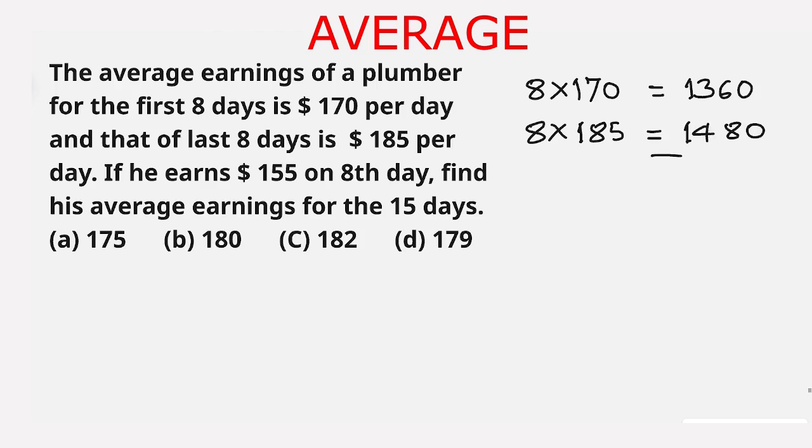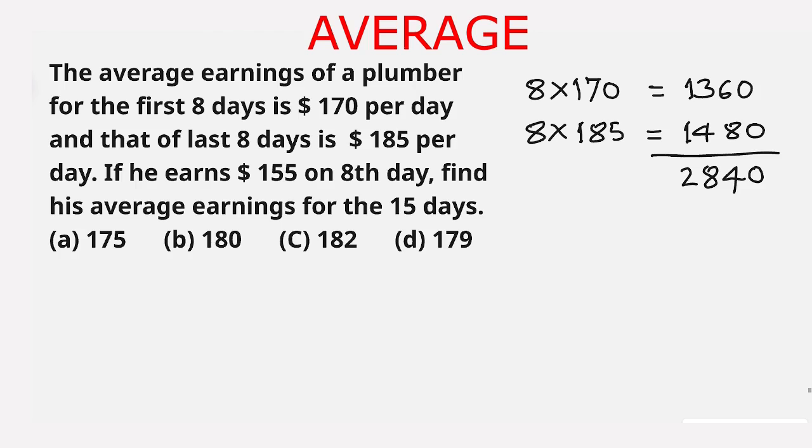Now we add these two. 0 plus 0 is 0. 6 plus 8 is 14. We write 4 and carry 1. 3 plus 1 is 4, plus 4 is 8. And 1 plus 1 is 2. So the total earnings for first 8 days and the last 8 days in a fortnight is 2840. This includes the earning of 8th day 2 times.